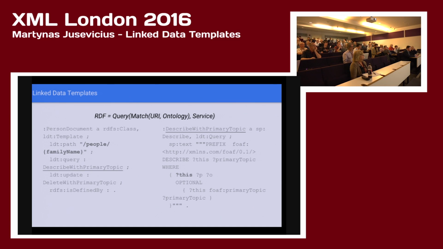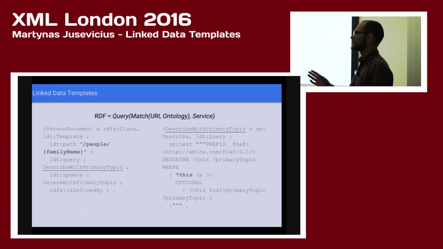What I highlighted in bold, the LDT path, holds the URI template for this linked data template. That means this template will match when the request URI minus the base URI of the application, just the relative one, matches this URI template. And this is the JAX-RS syntax.